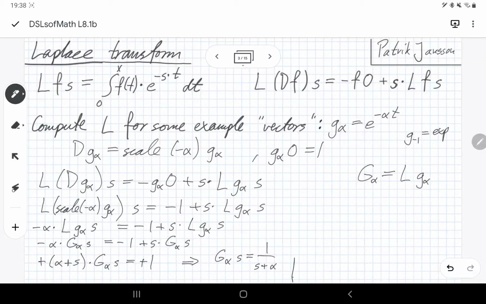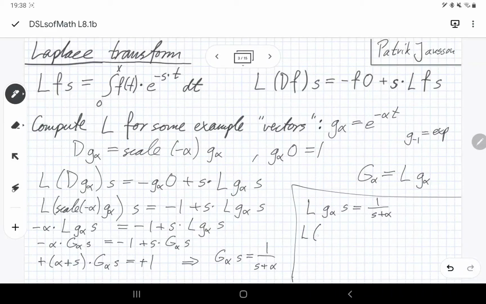So what have we learned? We've learned that the Laplace transform of G alpha at S is equal to 1 over S plus alpha. And as we know the definition of G alpha, being this one, we can use this to express it in the more well-known form.